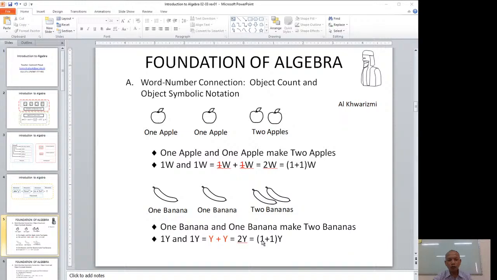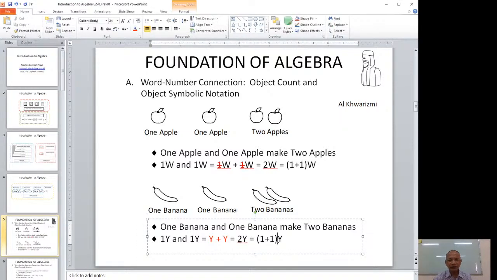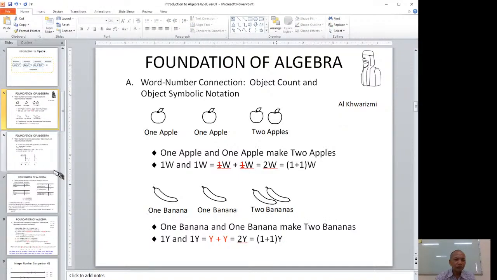It means 1 plus 1 together equals 2y. And the reason why we get 2y is like this, 1 plus 1. Okay, you have to follow me, and if there is anything you don't understand, you can ask me.